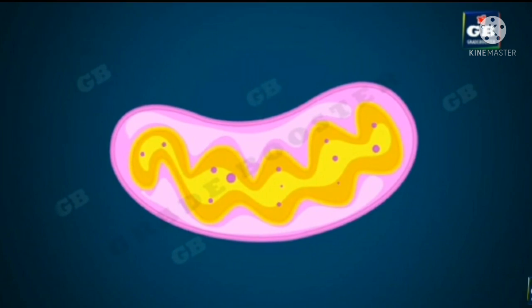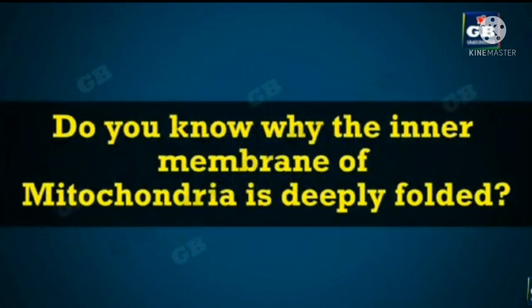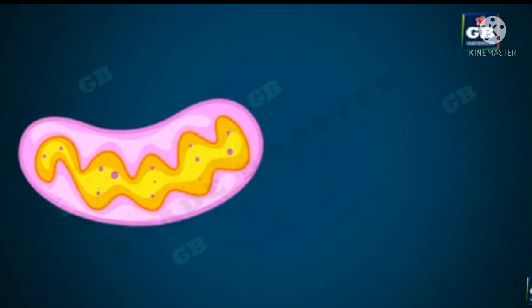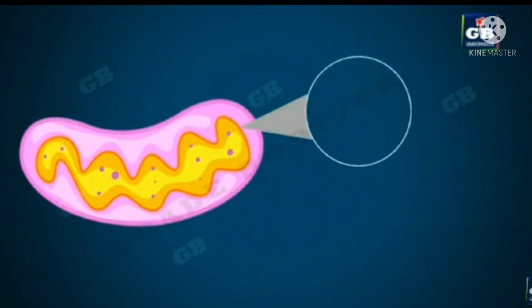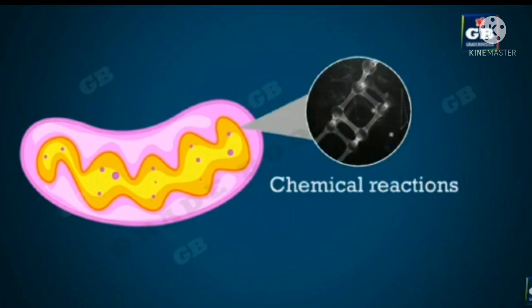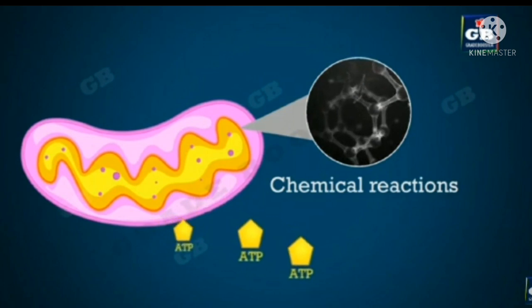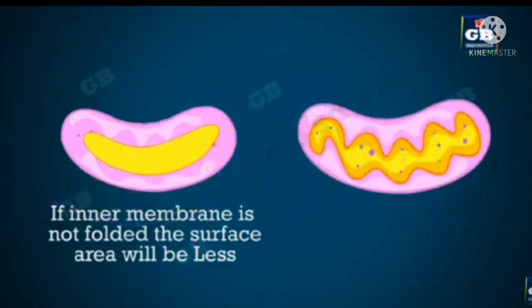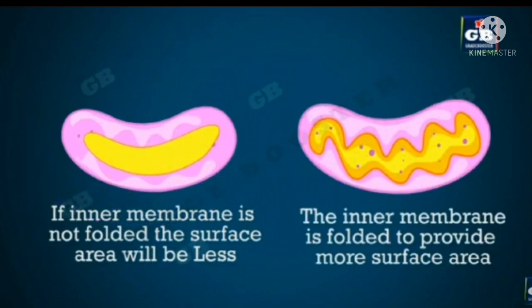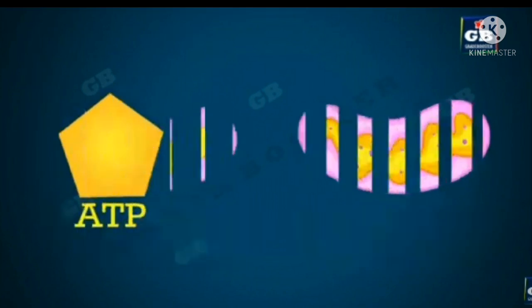The inner membrane is deeply folded. Students, do you know why the inner membrane of mitochondria is deeply folded? Let me know. Mitochondria need more surface area to carry out special reactions in which a special energy molecule called ATP is produced. So, to provide more surface area, the inner membrane is deeply folded.